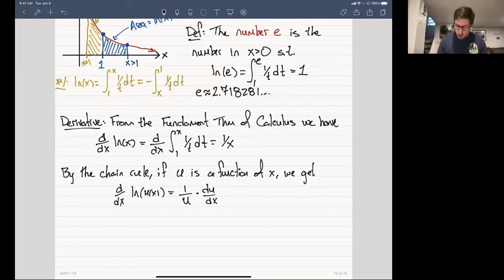So this is just the chain rule, but this is assuming that u is positive, of course, right? Because the range of u has to belong to the domain of the logarithm. That's how these compositions have to work.